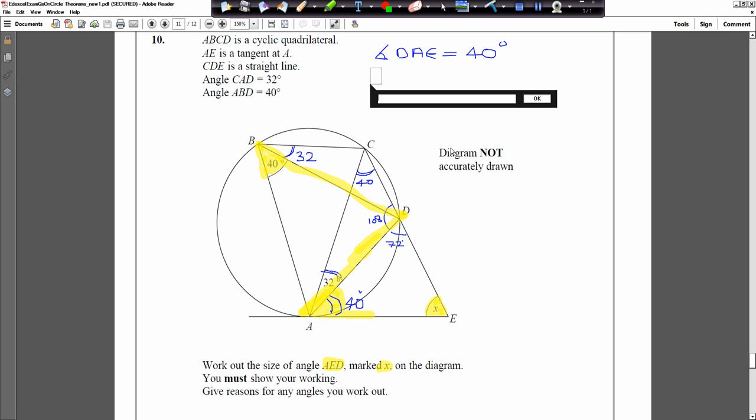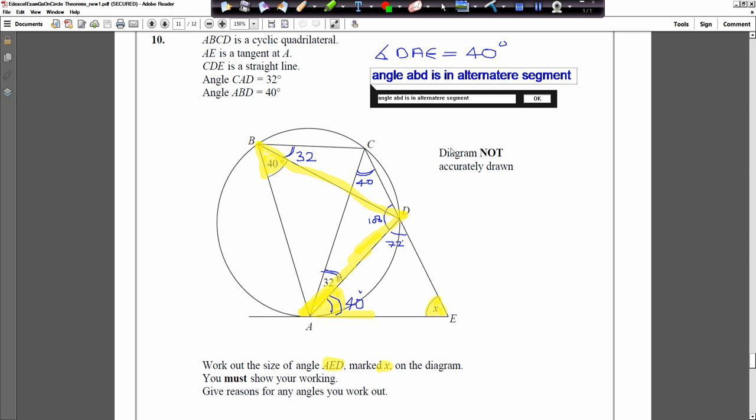So let's label that one. Angle ABD is in alternate segment.